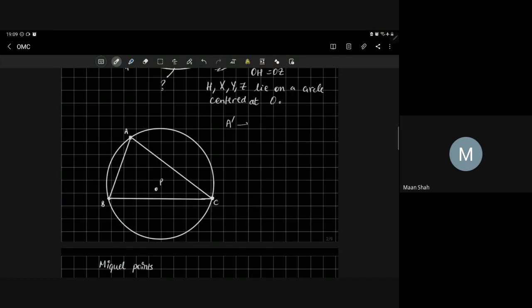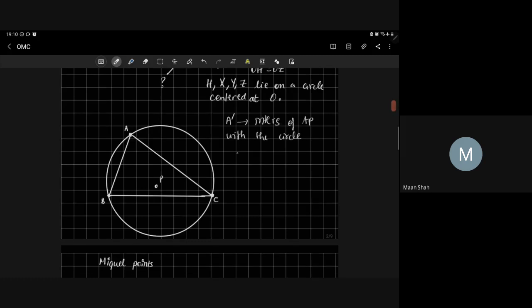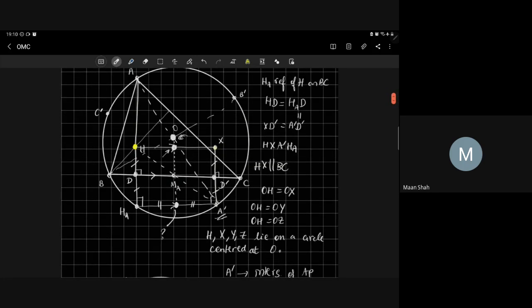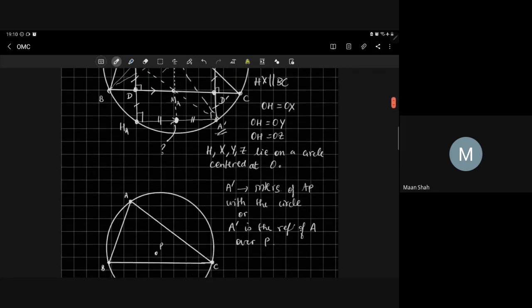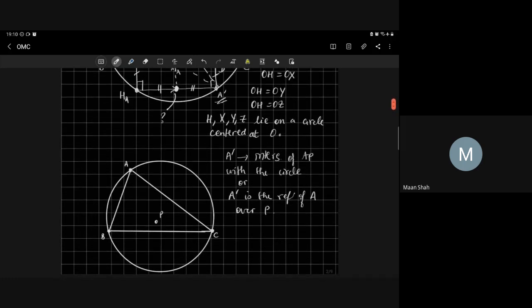A prime is the intersection of AP with the circumcircle, or another way is A prime is the reflection of A over P. Both of these coincide in the case of circumcenter, but in general, they are not the same.